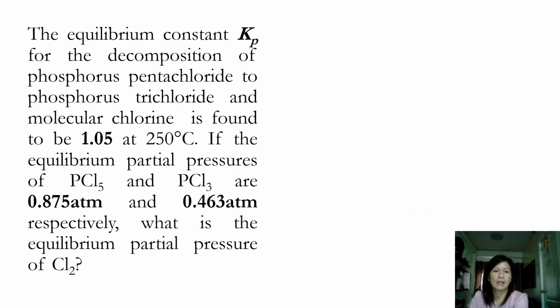Let's have this example. The equilibrium constant in terms of partial pressure for the decomposition of phosphorus pentachloride to phosphorus trichloride and molecular chlorine is found to be 1.05 at 250 degrees Celsius. If the equilibrium partial pressures of PCl5 and PCl3 are 0.875 atm and 0.463 atm respectively, what is the equilibrium partial pressure of chlorine gas?